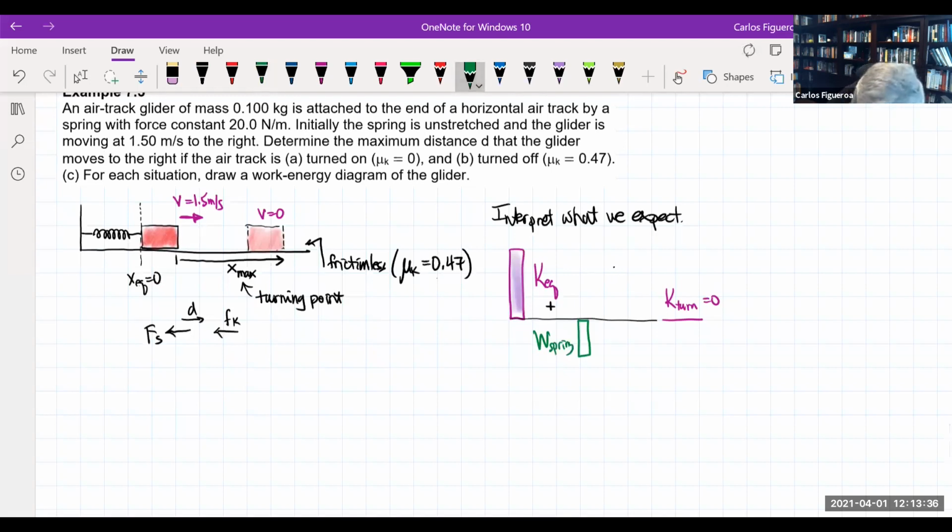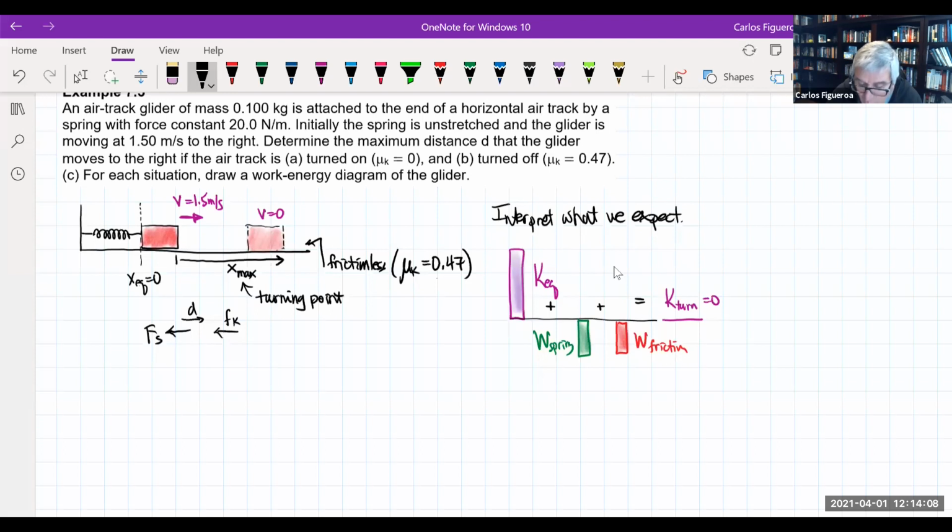But in order to bring this down to 0, we must have work by friction. So in this case, here's the work of friction. And it should be reducing the kinetic energy too. So there should be 2 works that are going to be negative here.